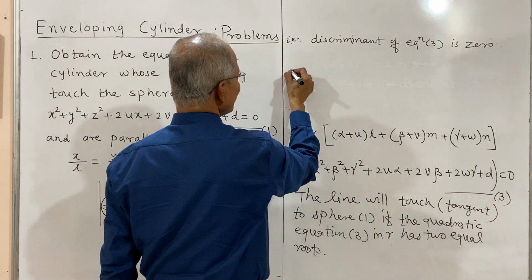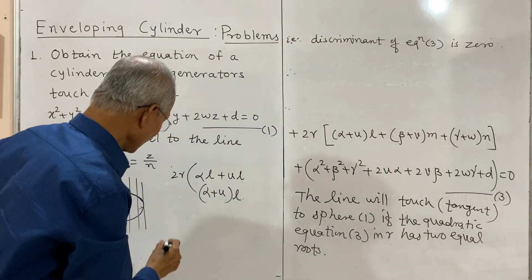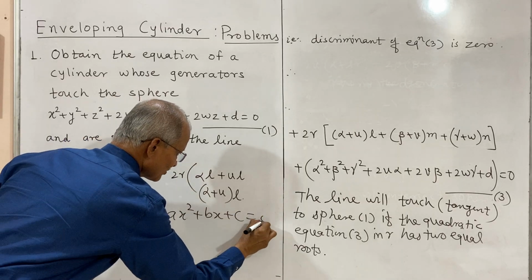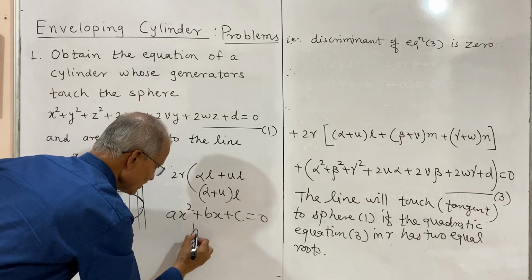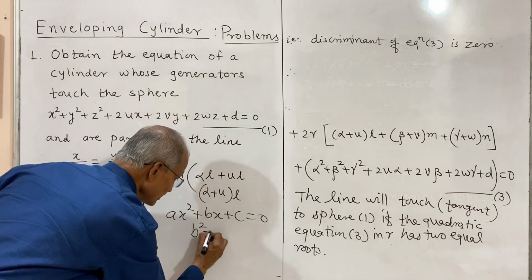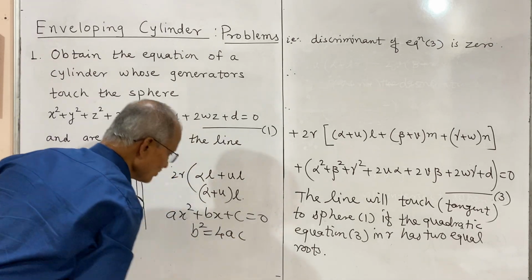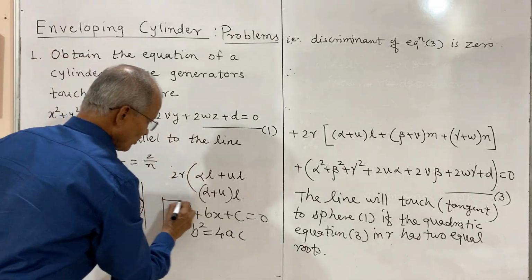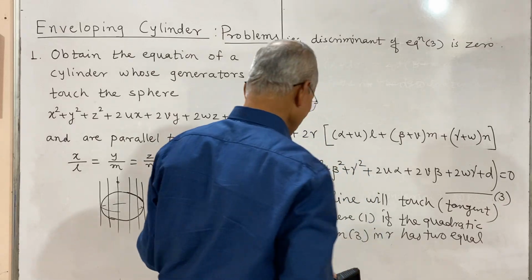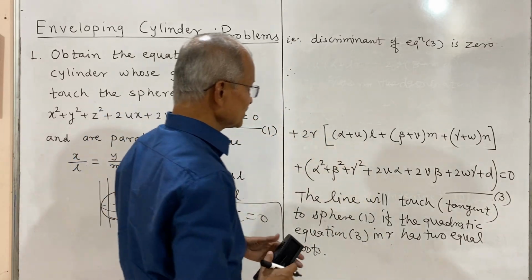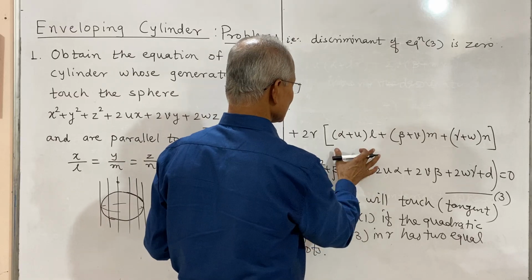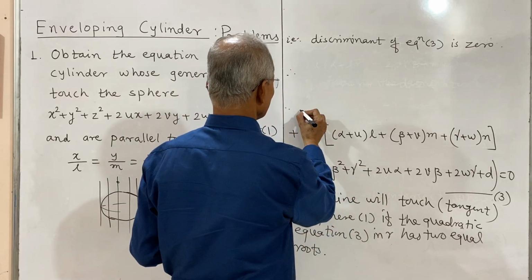And what is the discriminant? We know for the general quadratic equation ax square plus bx plus c is equal to 0, the discriminant is b square minus 4ac, and that is 0 means the condition is b square is equal to 4ac. This is the condition for equal roots. Similarly, b means the coefficient of r, and a is the coefficient of r square. By mistake I have rubbed this part.